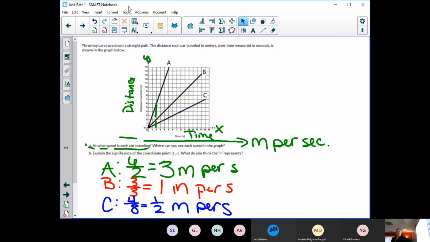Okay. So Monica says C because it's the shortest. Nathan says A because it is going more meters per second. Gabriel says A because it has more meters per second.